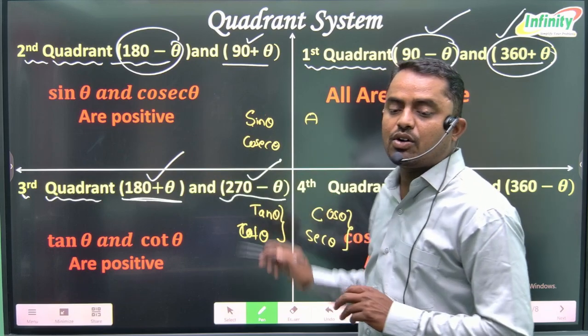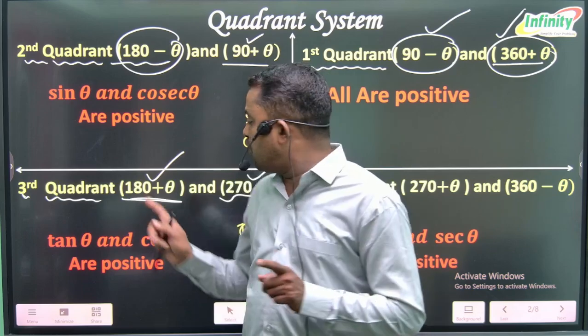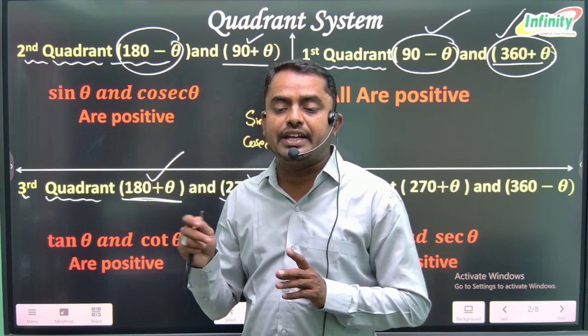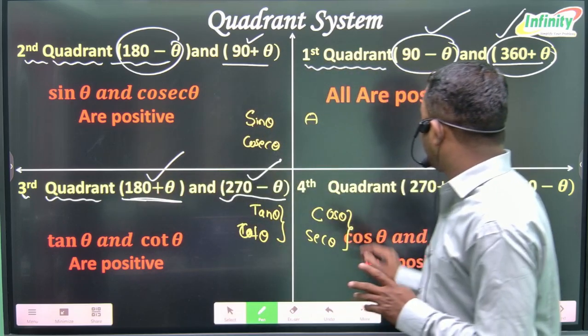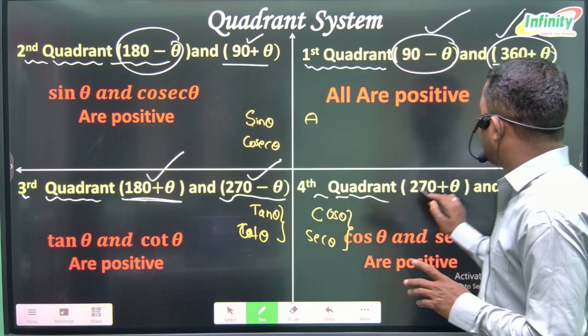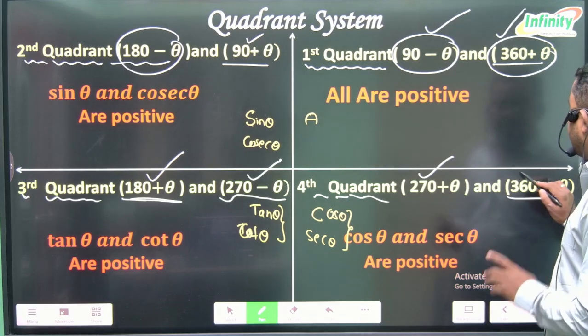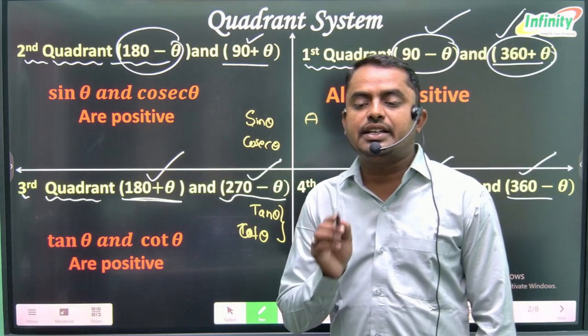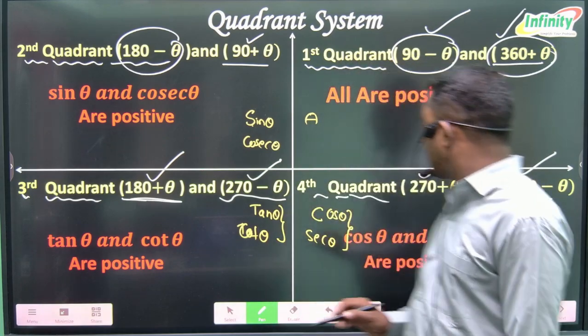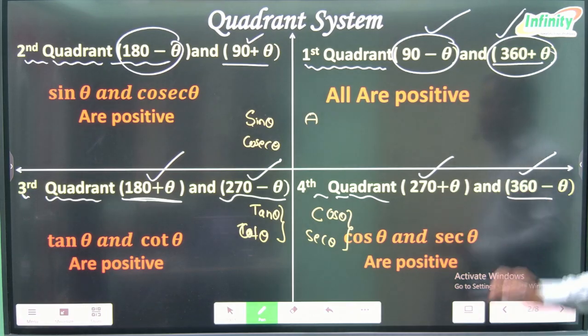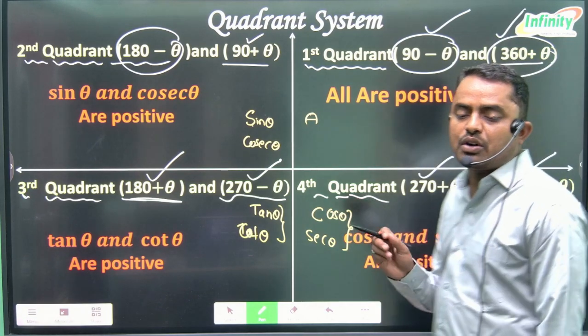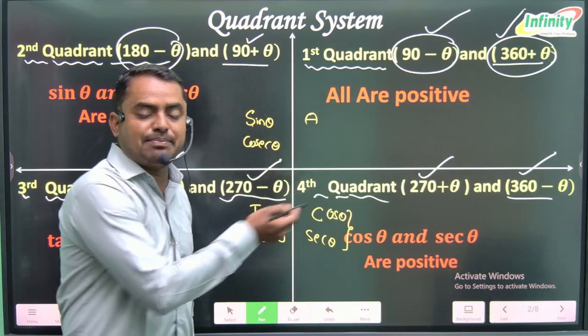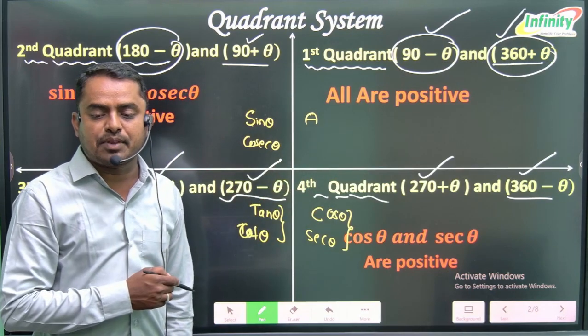And the fourth quadrant means 270 plus theta and 360 minus theta. 270 plus theta and 360 minus theta, that is your fourth quadrant.